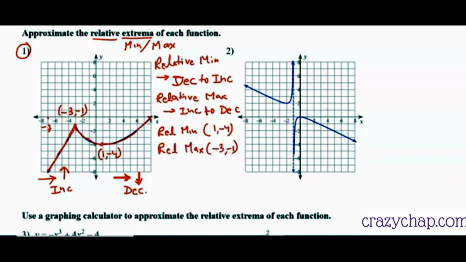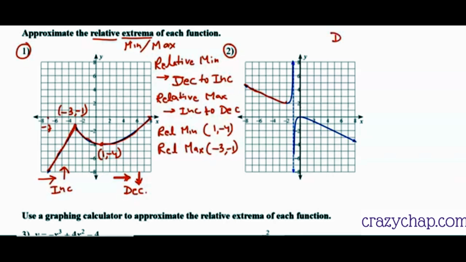So after -2 the function is increasing. In general words, if you see a depth, that point is a relative minima. So here in general we can see that this point is the depth, so this point is a relative minima.